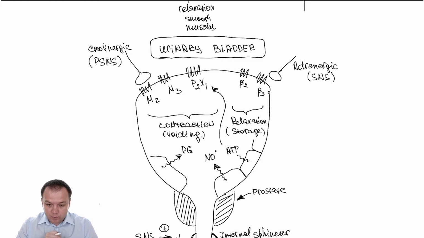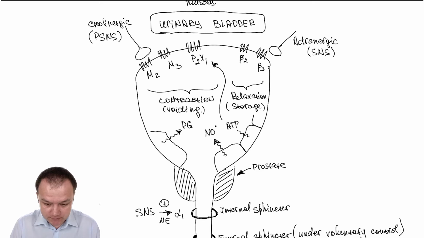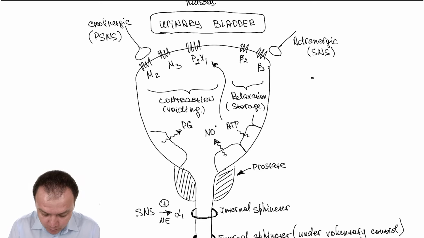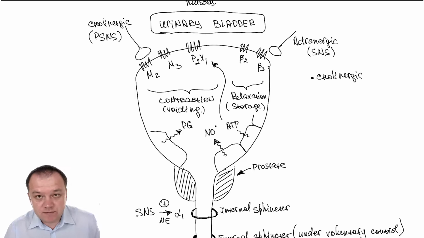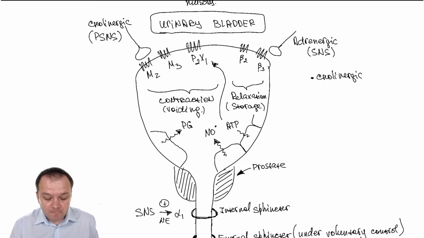So, as a summary of the innervation of the urinary bladder, what kind of receptors are here, and what kind of inputs are present here. First, we have the cholinergic system, the parasympathetic nervous system, responsible for voiding, responsible for urination.